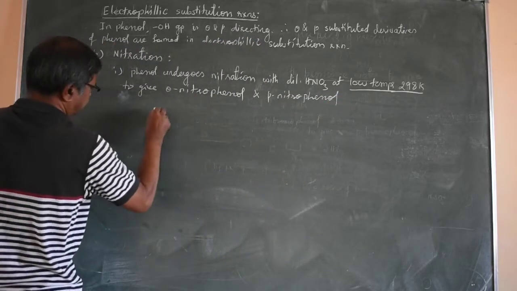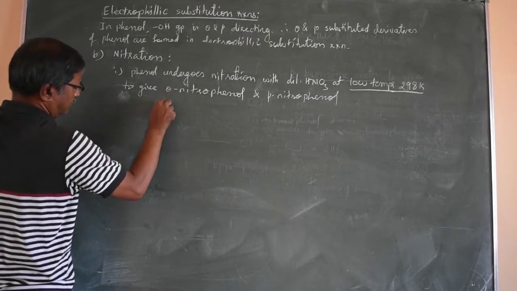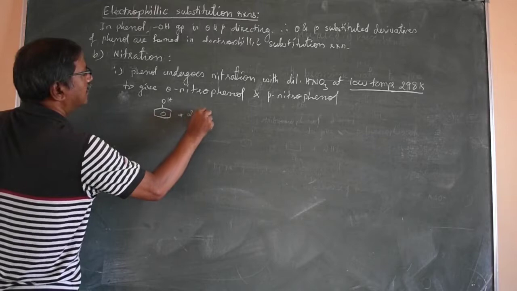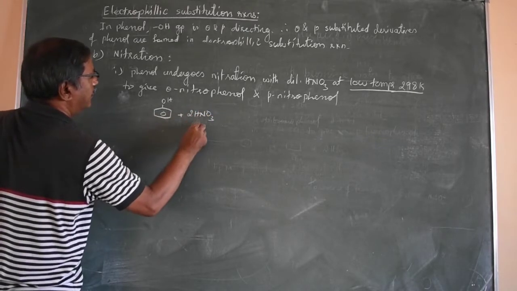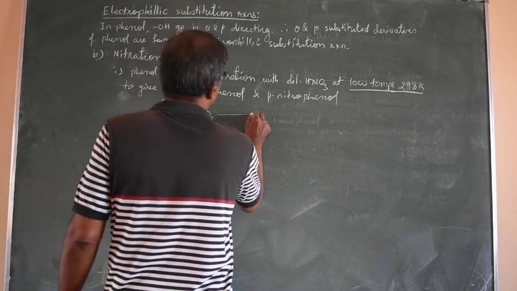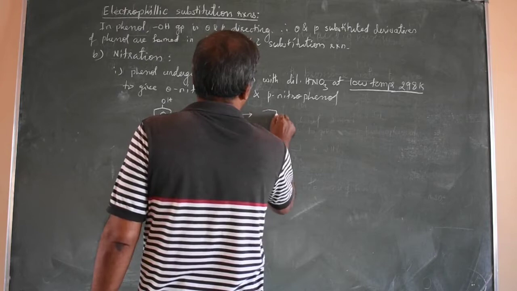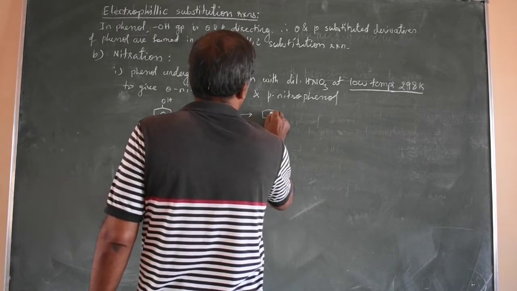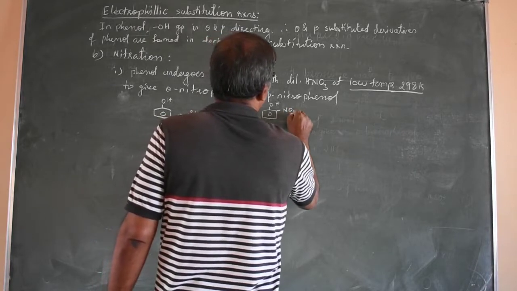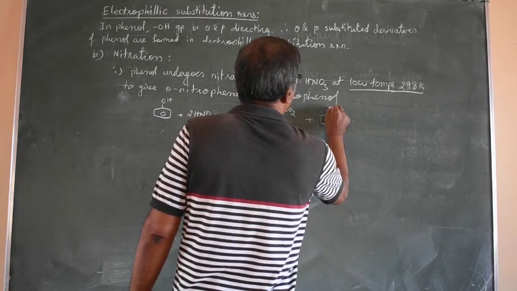So it is phenol, then HNO3. Dilute is important, and low temperature. So the products are orthonitrophenol and paranitrophenol.